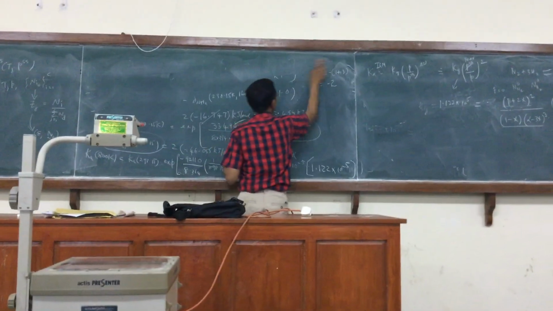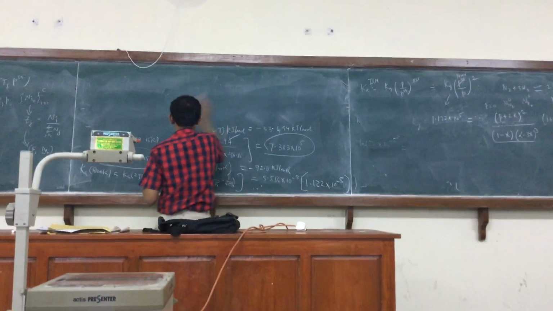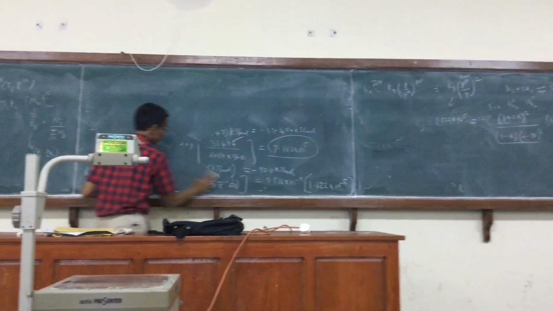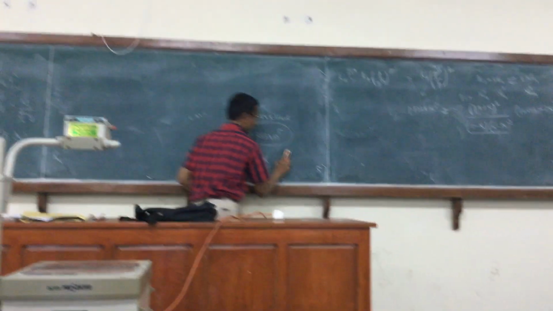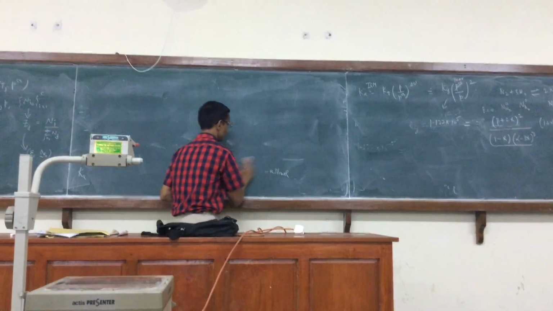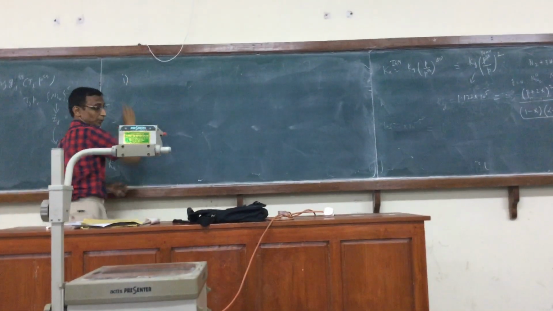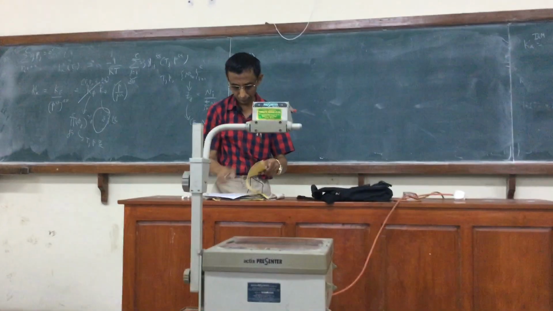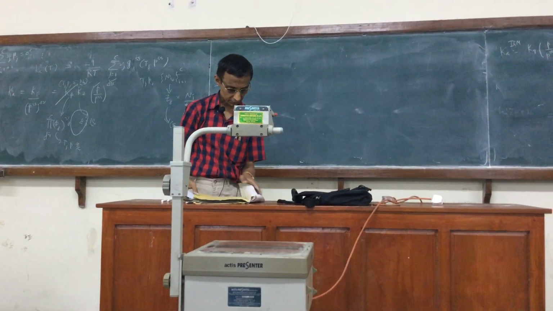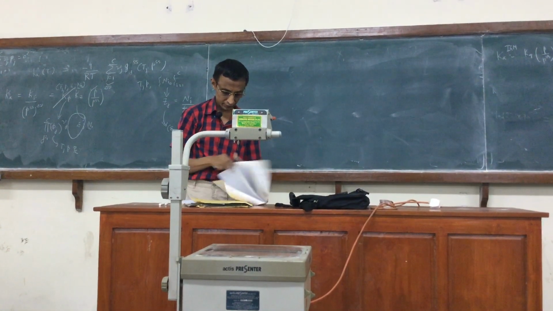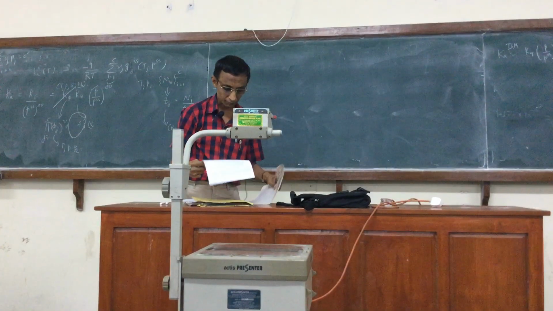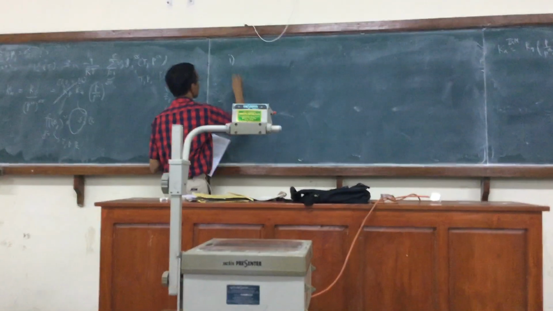So let's take the first problem that is given. The temperature is common for all the subdivisions, and the first one that is given is that pressure is 1 bar.